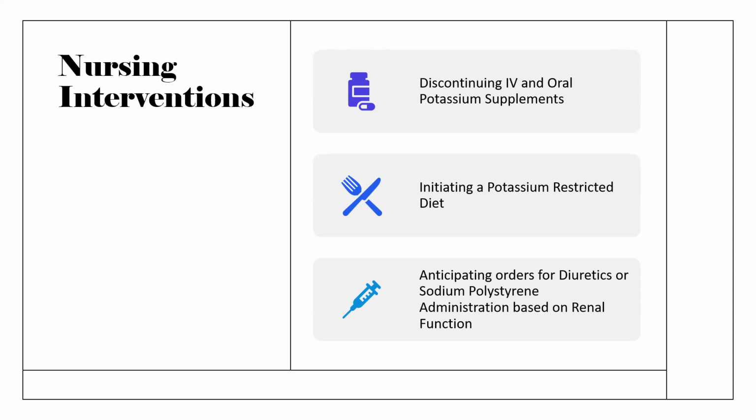If the renal function is impaired, then you're anticipating to administer sodium polystyrene as prescribed. And what polystyrene is, it is a cation exchange resin. Basically, it promotes gastrointestinal sodium absorption and causes potassium excretion. Okay.